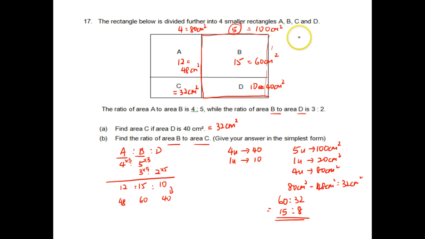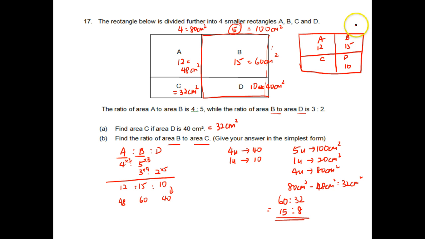Okay, alternatively, we can look at this. We have A, B, C, and D. I know A is 12 unit, B is 15 unit, D is 10 unit. My total will be 25 unit. First, I have 5 here. So 5 times 5 will give me 25.